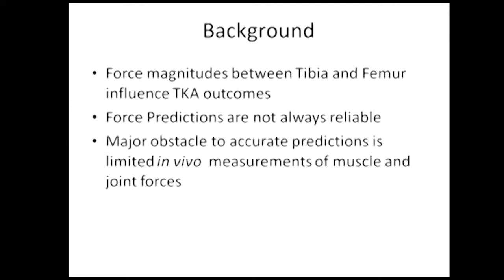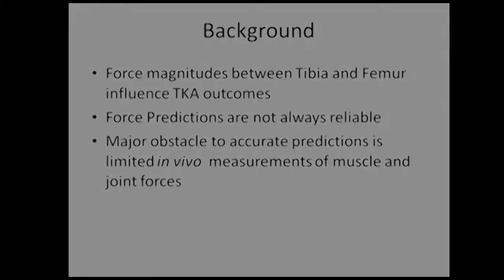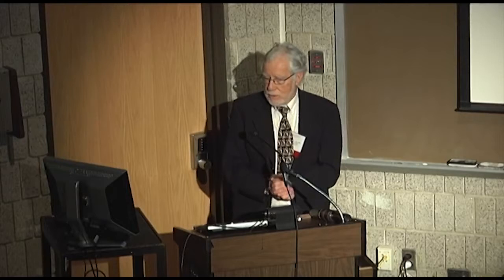The major obstacle is there are limited in vivo measurements of muscle and joint forces. We're trying to make better measurements, and part of my talk at the end will be to show our work where we're trying to provide an estimate of these in vivo forces.